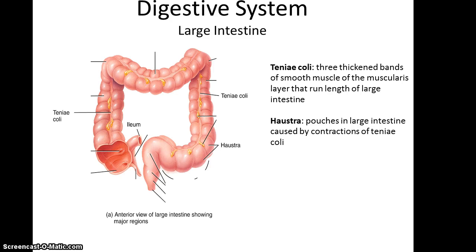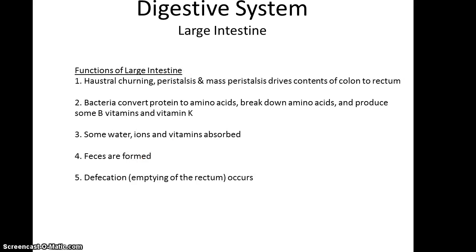They actually lie in the muscularis layer of the large intestine, and basically because they are always somewhat contracted, they are what's forming those little pouches that you see along the length of the large intestine. Those pouches are called haustra, and they are just pouches.